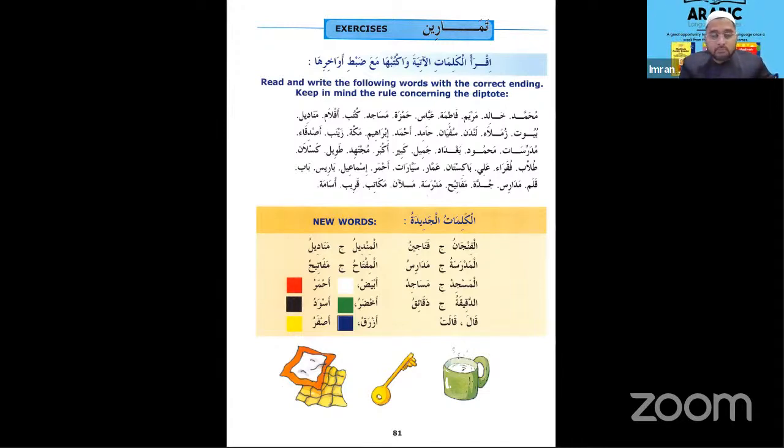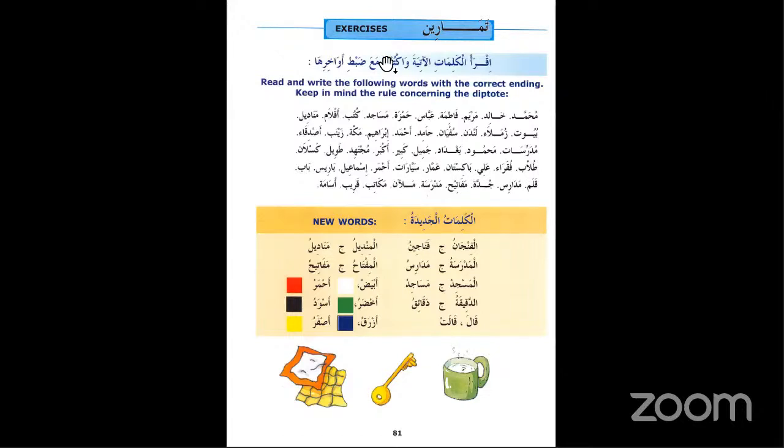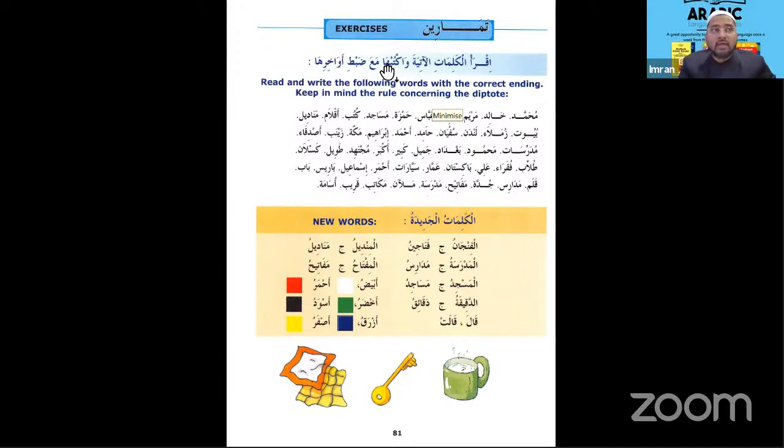Sister Kulthum? Excellent. That was very quick, Sister Tahira. It only receives a fatha. So in the accusative and genitive case, in both of these scenarios, diptotes only get a fatha. Is that clear? Yes, can you repeat that rule again? In the nominative case, the diptote gets a dhamma, and in the accusative and genitive case, it only gets a fatha.